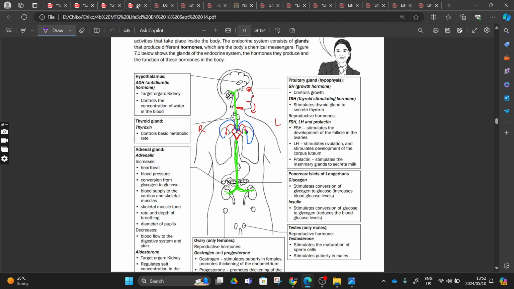Here we say that this blood that came in oxygenated, rich in oxygen, enters our heart there. And then from our heart, that blood is now being sent to your brain, right?